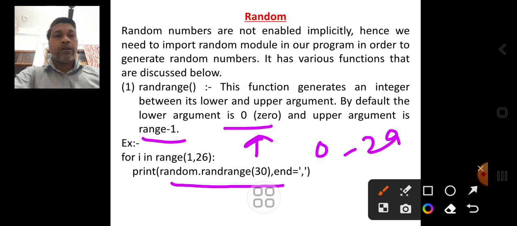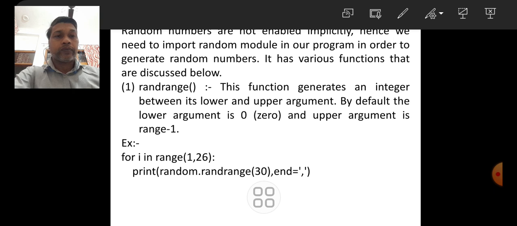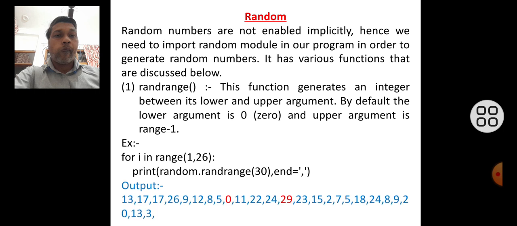Let's check out our code. When we run this code, look at the result: 0 and 29 are produced when we run this code in our Python IDLE. We are providing a for loop here, and the purpose of the for loop is only to call the random number several times.